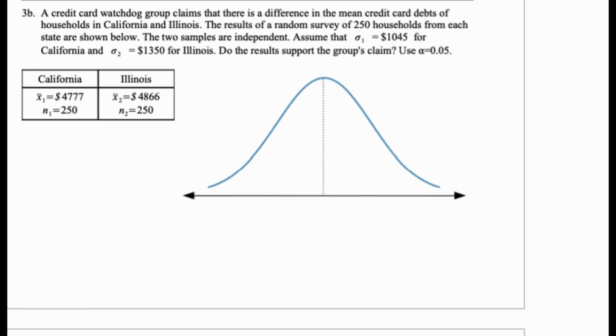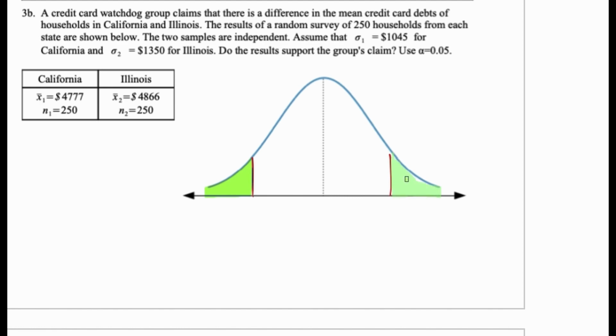So now they're giving us a little bit more information on that same problem. They're telling us to use an alpha of 0.05. So go ahead, just for a little practice for yourself. Can you find the ZC that goes along with a 0.05 alpha level? Just a little bit of a review.